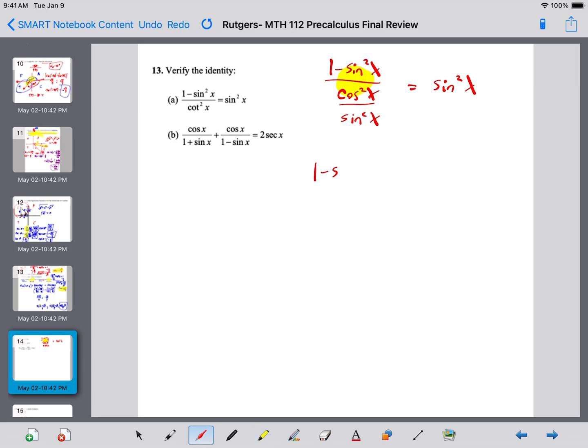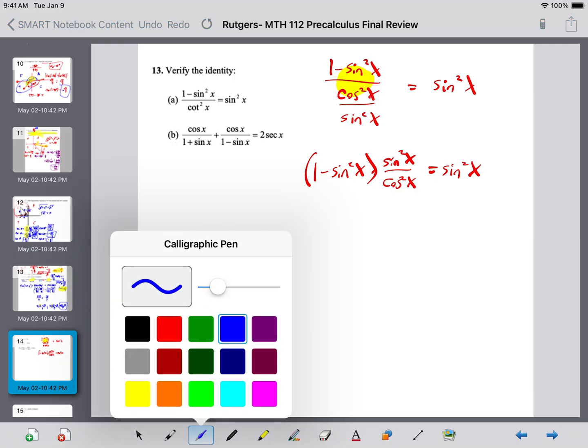So 1 minus sine squared of x times sine squared of x over cosine squared of x equals sine squared of x. Put parentheses around this. So now I have 1 minus sine squared of x.